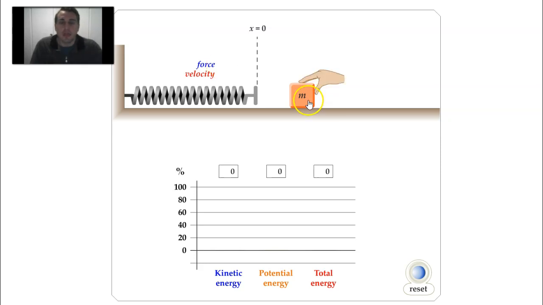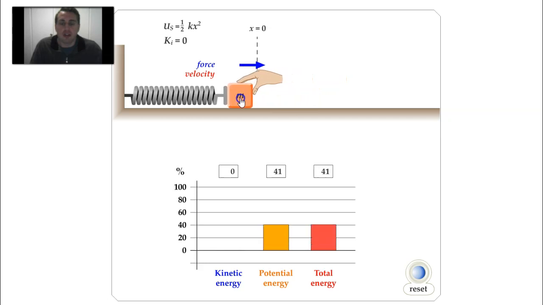So notice, when we take the mass and we compress the spring, we should have all potential energy only. But the potential energy is elastic potential energy, namely that 1/2 kx squared we see there. Notice that the potential energy is all the total energy, and the force is exactly in the opposite direction from the spring as the applied force by the hand.